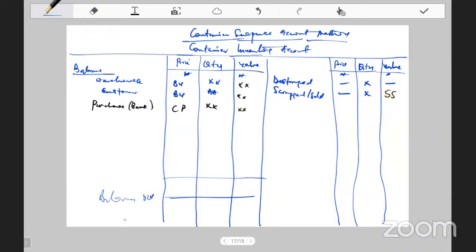Balance brought down. They will give you the value of the customer, which you have. And don't forget here, we are still maintaining the customer at his book value.